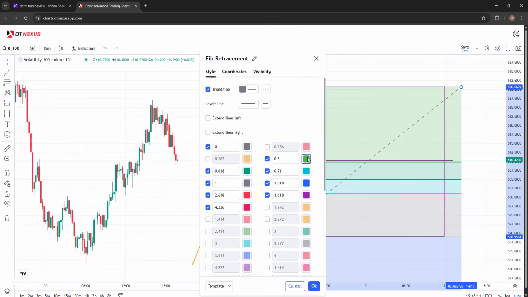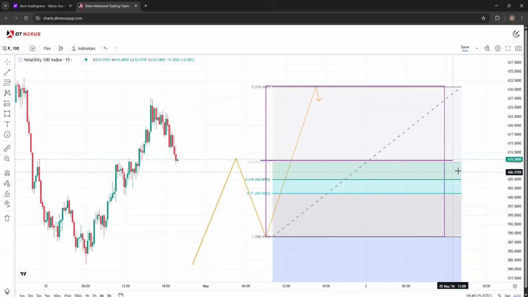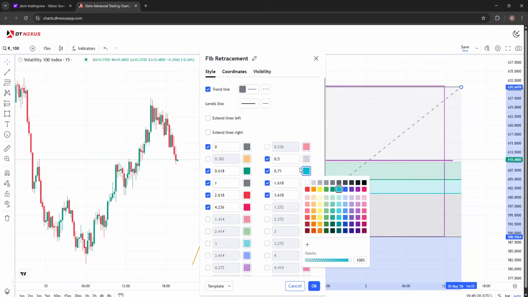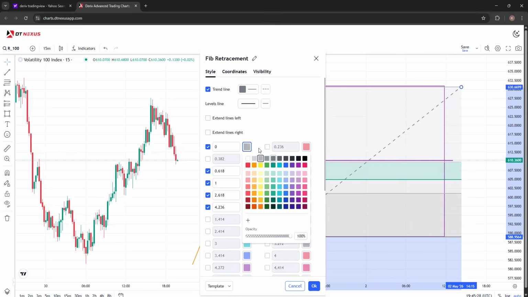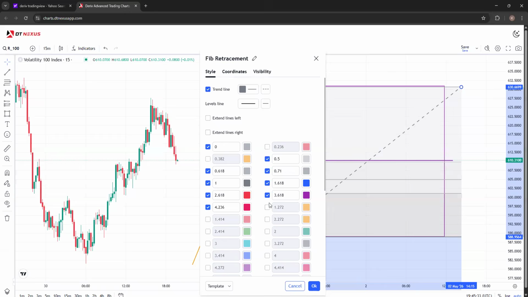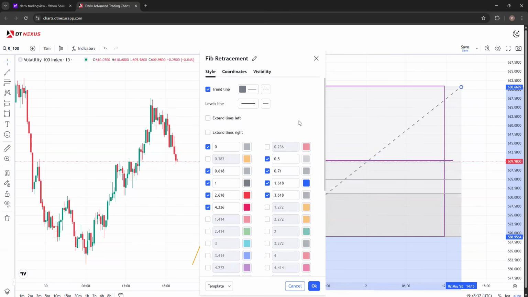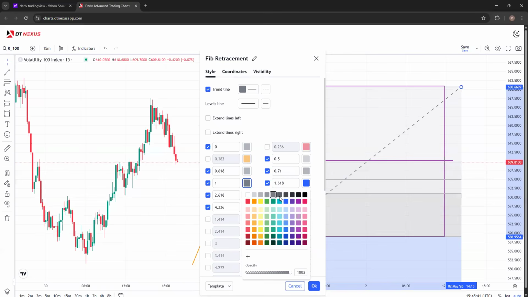Because at the end of the day, if you have many colors, it would be hard for you to navigate your way through, right? So let me just put a color that's common so that it doesn't affect how we see things over here, right? So I think we can all see that I've changed all of these to gray because I'm not used to those other colors, right?